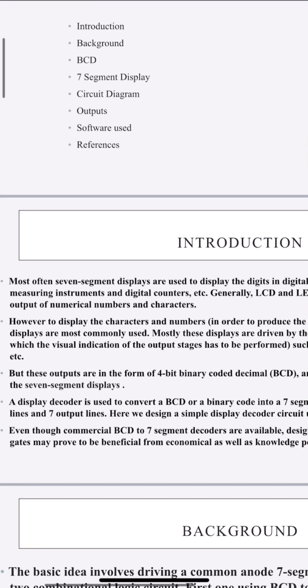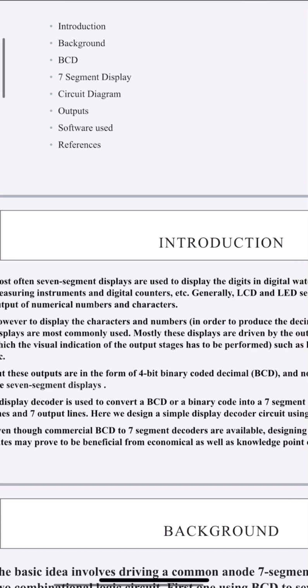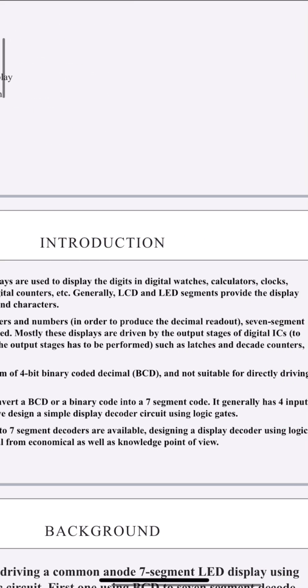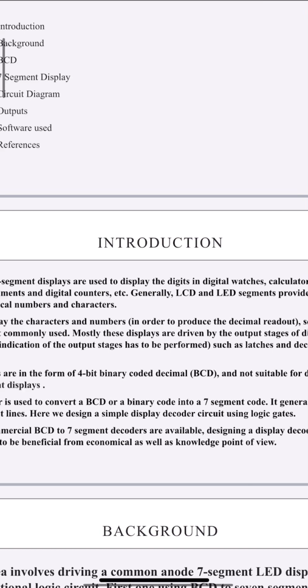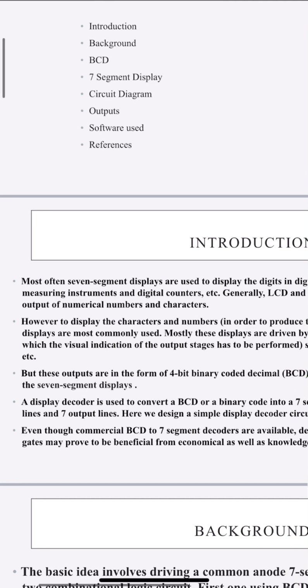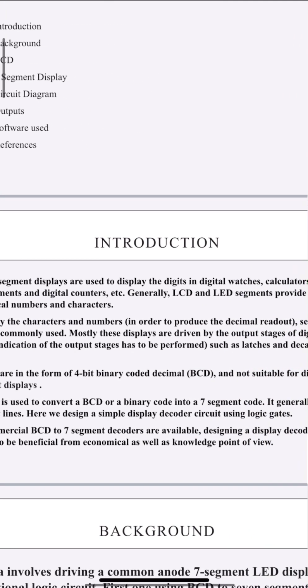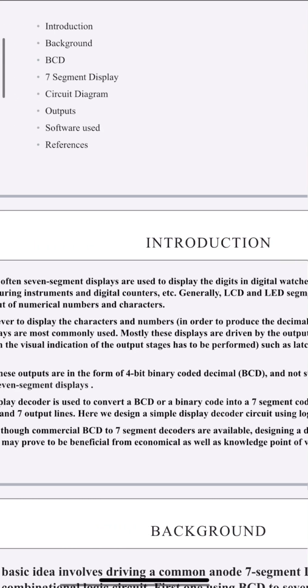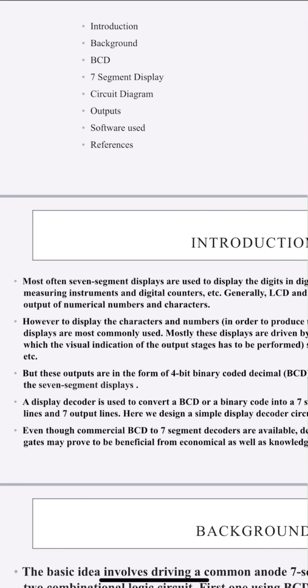But these outputs are in the form of 4-bit binary coded decimal BCD and not suitable for directly driving the 7 segment displays. A display decoder is used to convert a BCD or binary code into a 7 segment code. It generally has 4 input lines and 7 output lines.